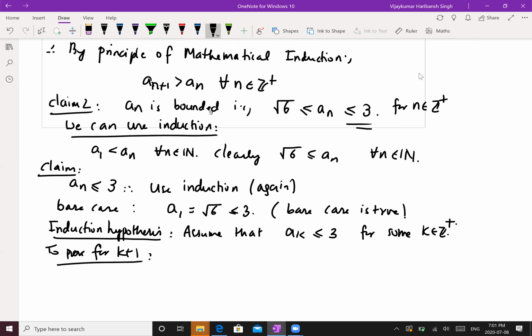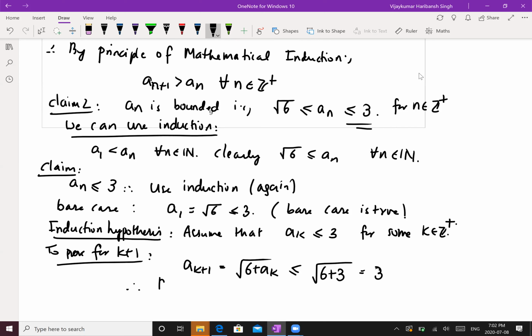So what is my a_{k+1}? My a_{k+1} is equal to the square root of 6 plus a_k, which is less than or equal to, now a_k is less than or equal to 3, so we have the square root of 6 plus 3, which is the square root of 9, which is 3. So a_{k+1} is less than or equal to 3.